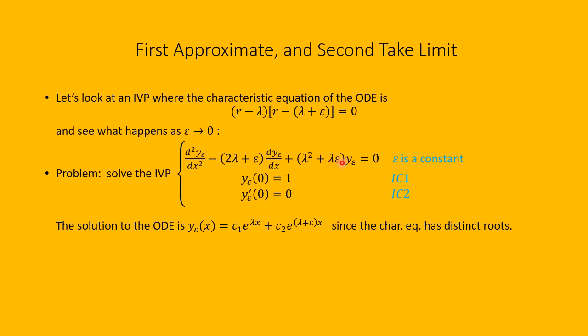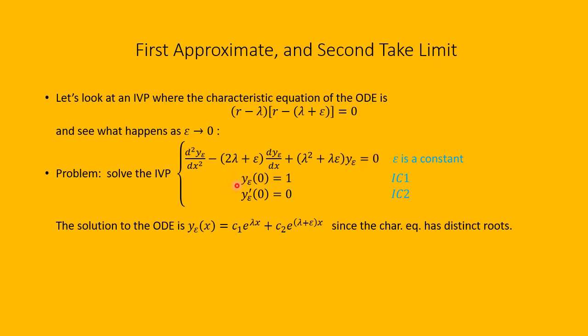So the differential equation that has this characteristic equation we can write this way, and the function I'm going to call y sub epsilon. y sub epsilon is the solution to this initial value problem, which involves constants involving epsilon here. The second derivative of y sub epsilon with respect to x minus 2 times lambda plus epsilon times the derivative of y sub epsilon with respect to x plus lambda squared plus lambda epsilon times y sub epsilon equals 0.